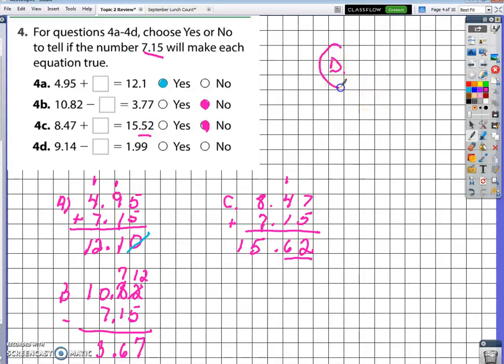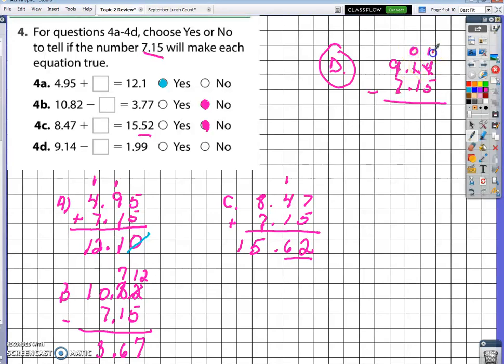And D, I probably want to circle that too. D, I have 9 and 14/100 minus, that's a horrible looking 4. 9 and 14/100 minus 7 and 15/100. And we want to subtract. I can't subtract 4 minus 5, so I have to borrow.